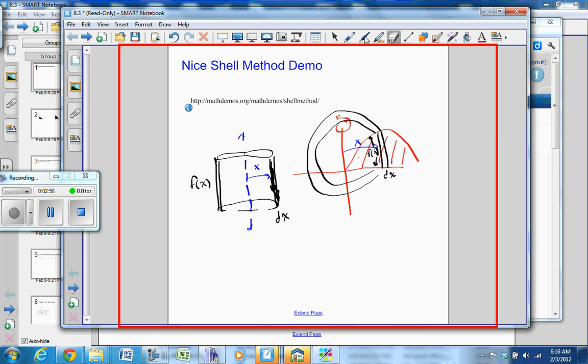What we're going to end up making is essentially a sheet of paper now, where that thickness is dx, and the height is f of x, and the length is the circumference of that circle, which is 2 pi x.